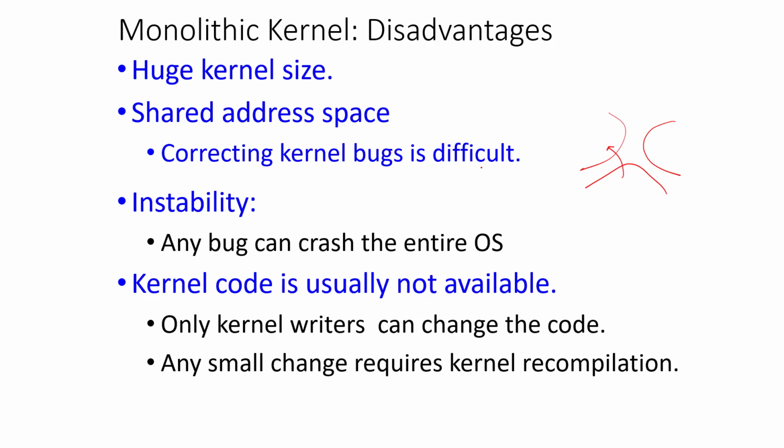And also for many such designs, particularly for commercial Unix, the kernel code is not available. So it's only the kernel writers who can do it. So if you need any additional feature, you'll have to go back to the authors of the kernel and they need to recompile the kernel, give a new kernel to you. Linux, still being a monolithic kernel, is open source, so it does not have this particular issue.